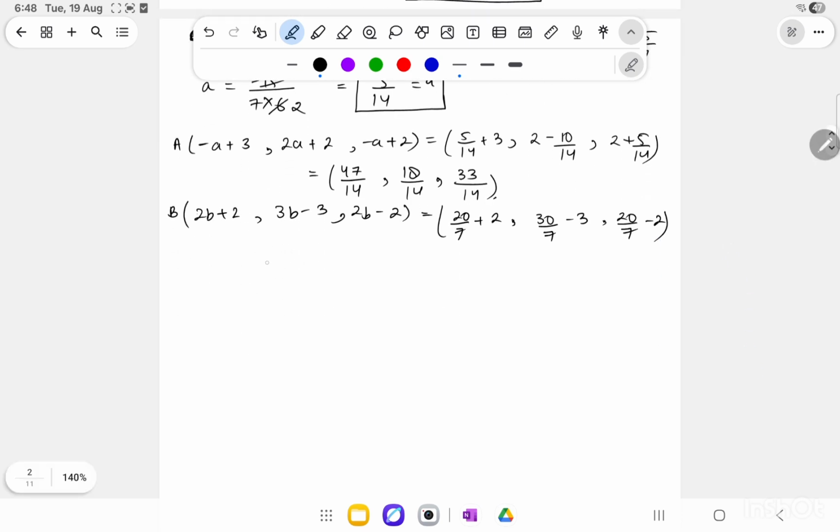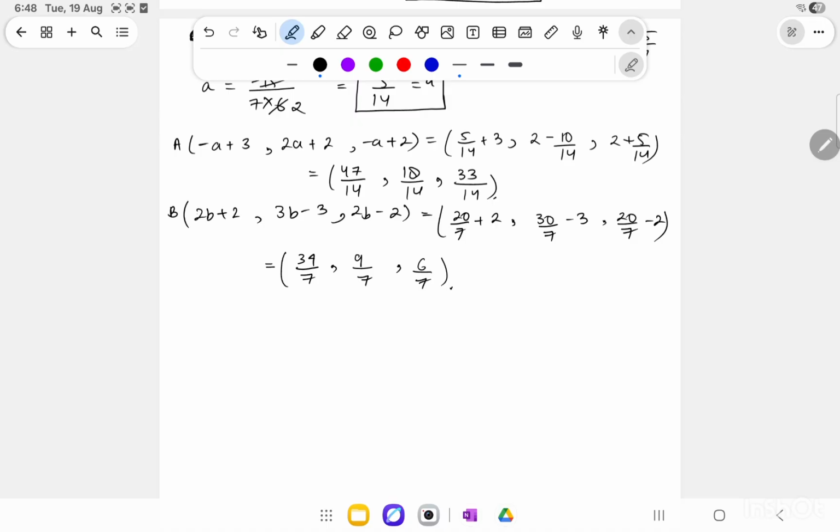On further simplifying it, I will get 34 by 7 comma 9 by 7 comma 6 by 7.